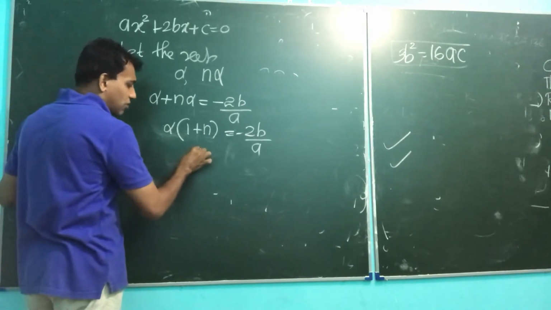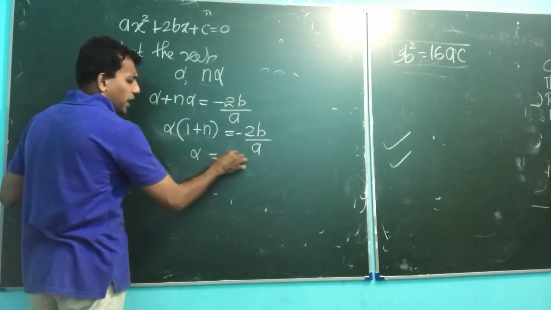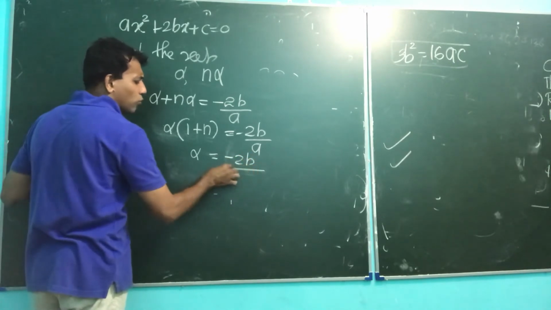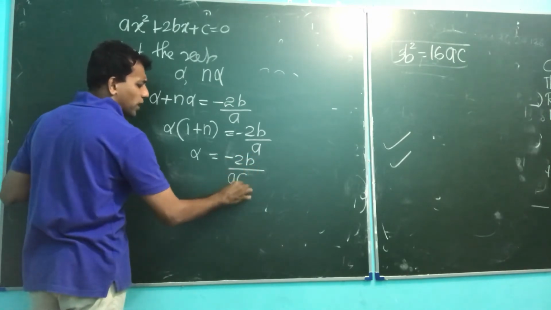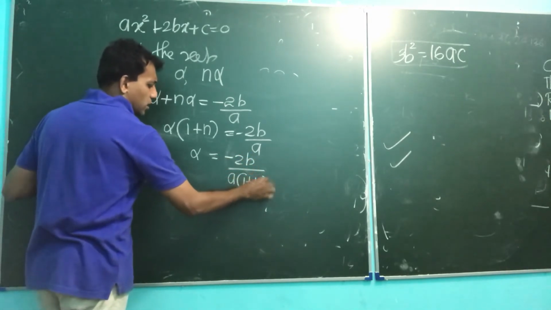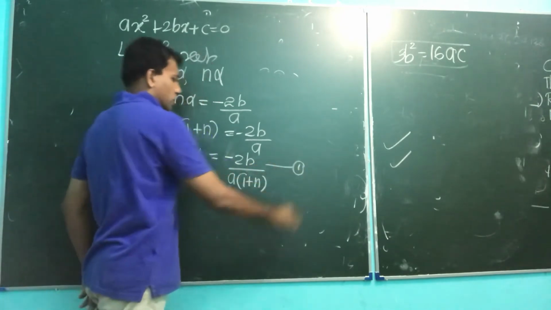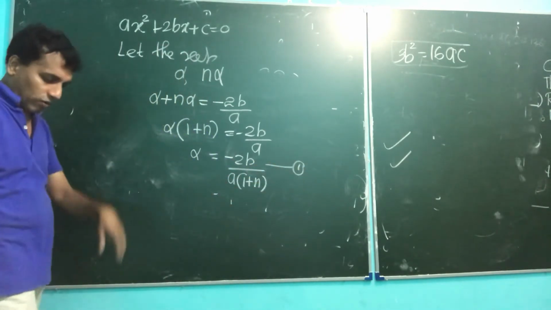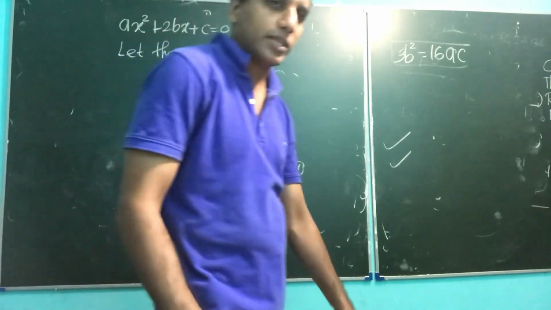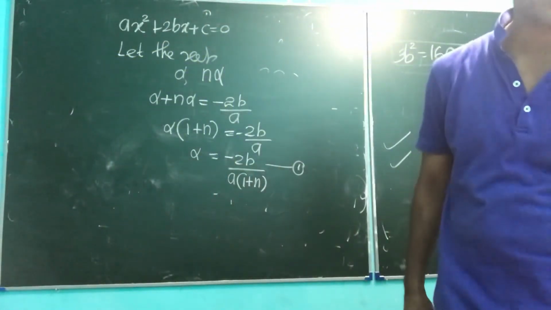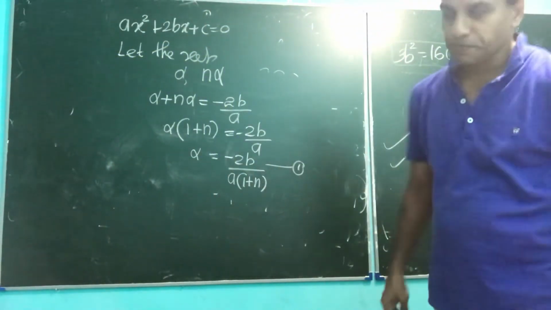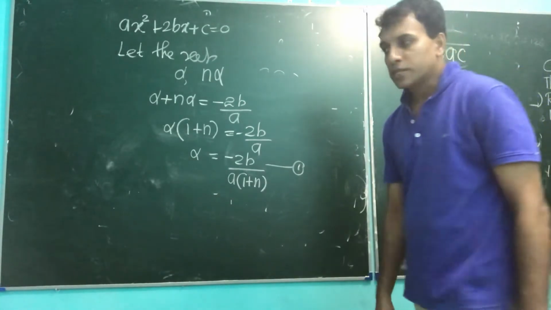Therefore, alpha equals minus 2b over a into 1 plus n. Okay? Is it okay? First equation in terms of n. One root n times the other, this expression. Then what is the other one?